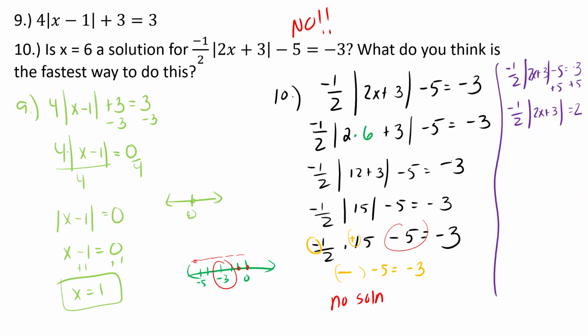Except in this case, we're going to multiply by -2 because it was a negative. So we have 2 times -2, and 2 times -2 is -4. And now we have that negative, which is going to tell us no solution. The distance can't be negative.